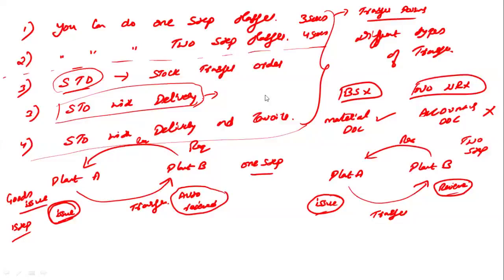So now let me quickly jump to the STO. We discussed what an STO is, a simple flow, and also one step and two step, and we discussed the different types of STOs. Now, if we come to the main picture, how many types of transfer can we do in STO? First one is the transfer posting.